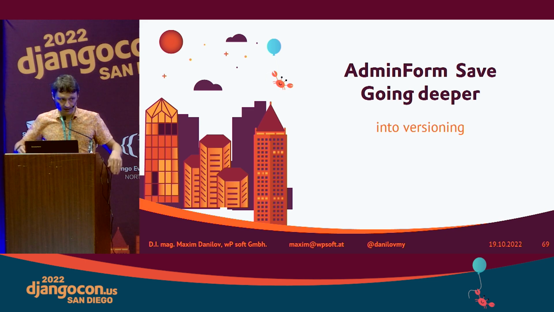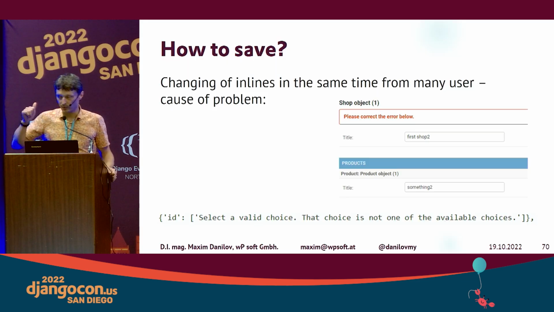And this is all perfect, but at the end, somewhere we should press the save button. And what can we achieve? On the last version of Django, if we work with multiple managers at the same time on the same model admin, and somebody adds an inline, somebody deletes an inline, we can press save and we can receive this message.